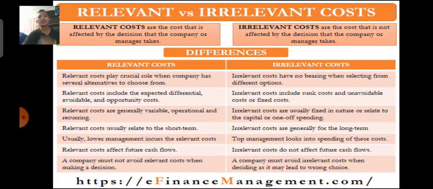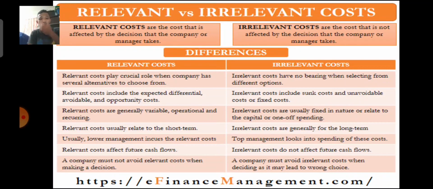Relevant costs are generally variable, operational, and recurring. How about the irrelevant costs? Irrelevant costs are usually fixed in nature or relate to capital or one-off spending. Relevant costs usually relate to the short term, and irrelevant costs are generally for the long term.